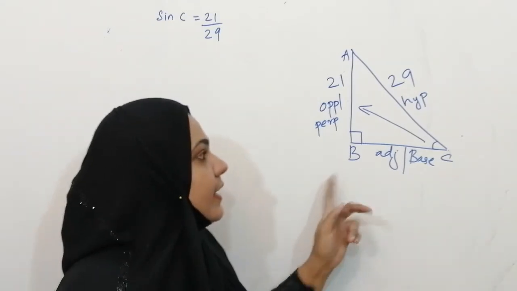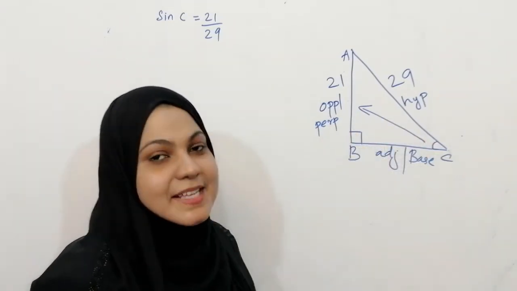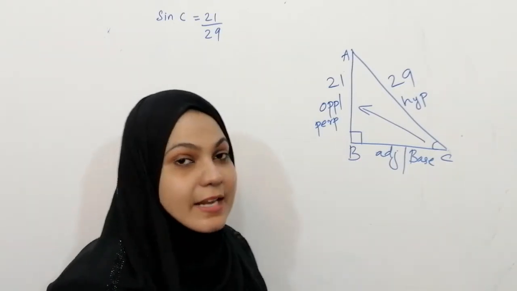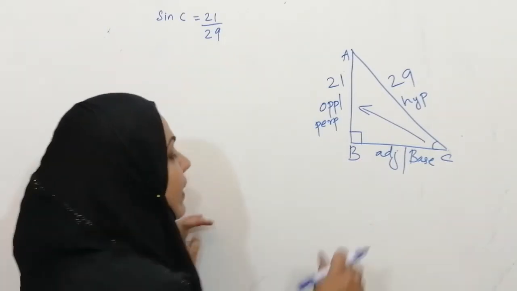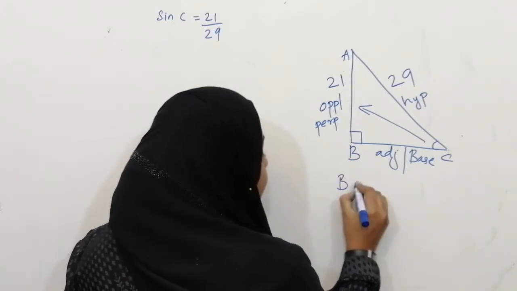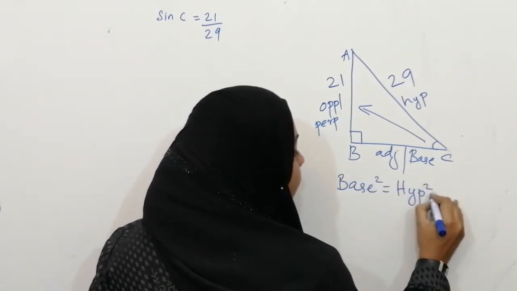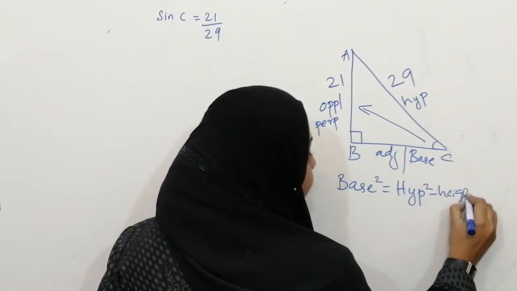So you know that here there are two sides, and one more side is pending. How can we find it? Using Pythagoras theorem we can find the third side. So what is the third side? Base. The formula for base square is equal to hypotenuse square minus height square.